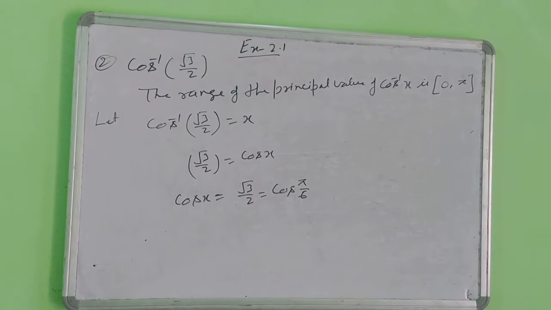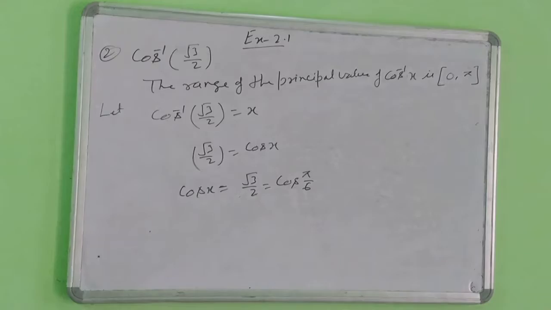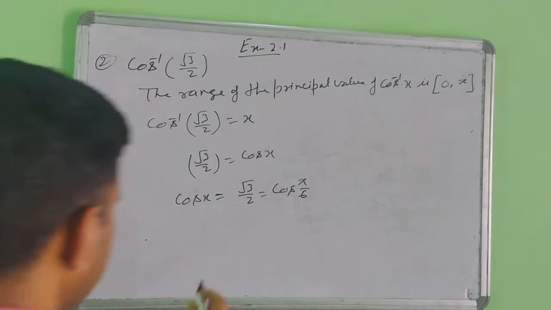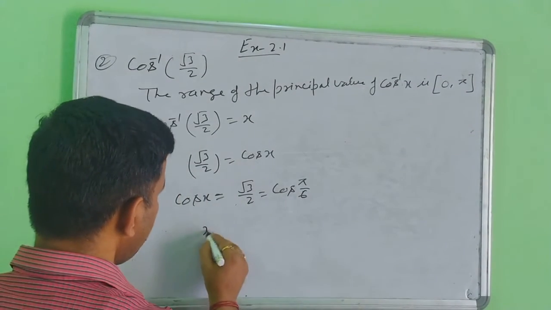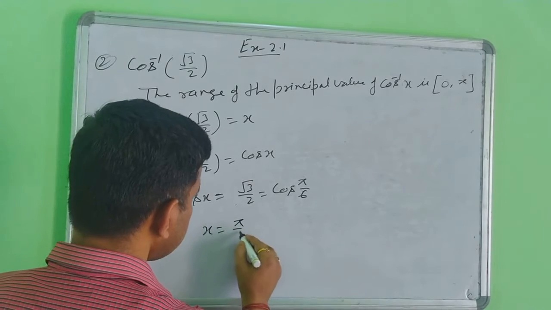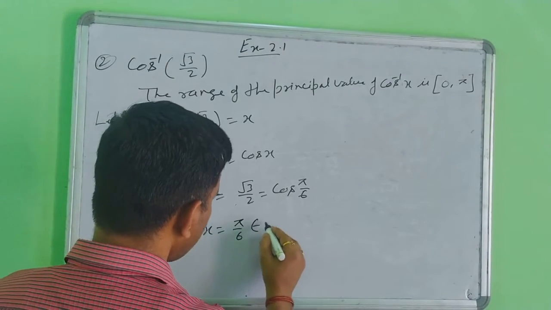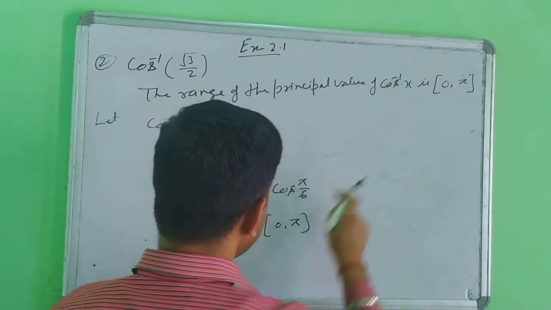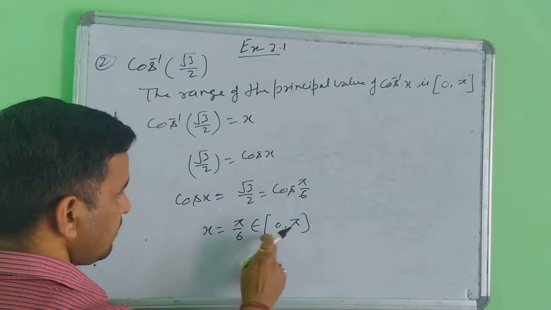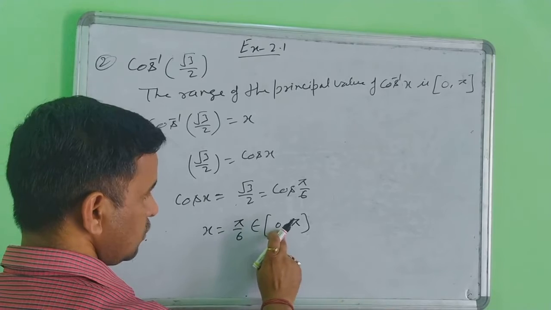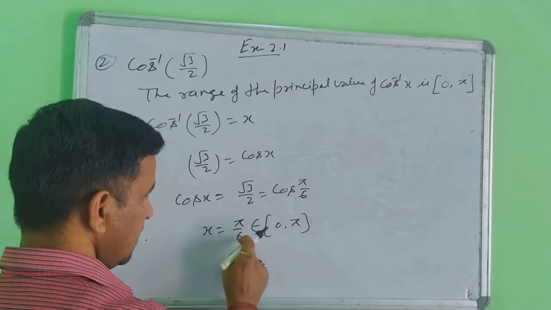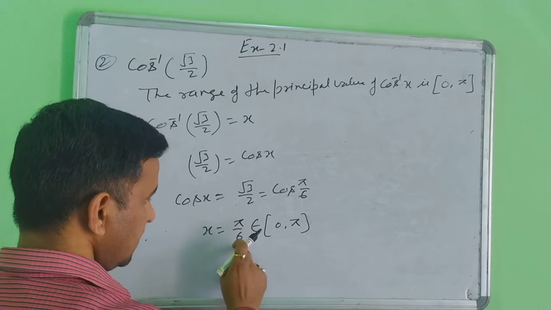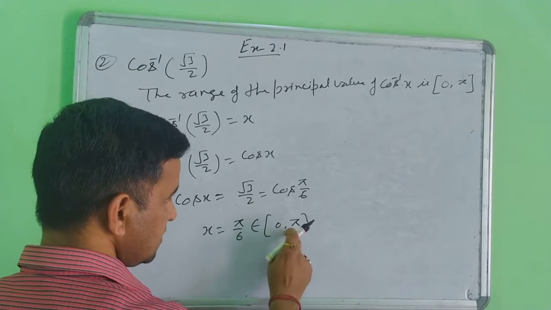After that, what is the value of x here? The value of x here is pi by 6, which belongs to 0 to pi. Now you check this. Pi by 6 means 30 degrees, which is between 0 to 180 degrees. So 30 degrees is between this range.